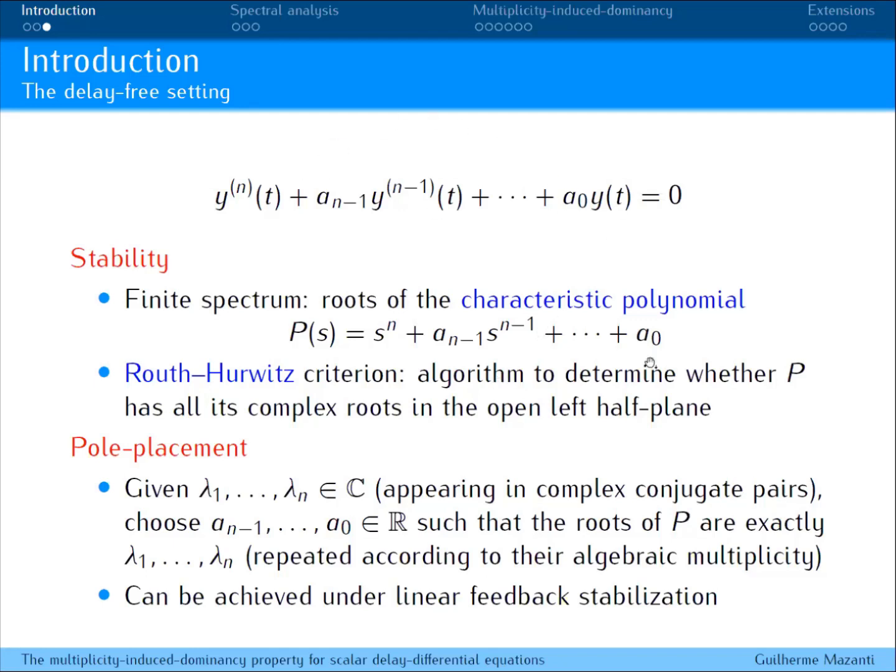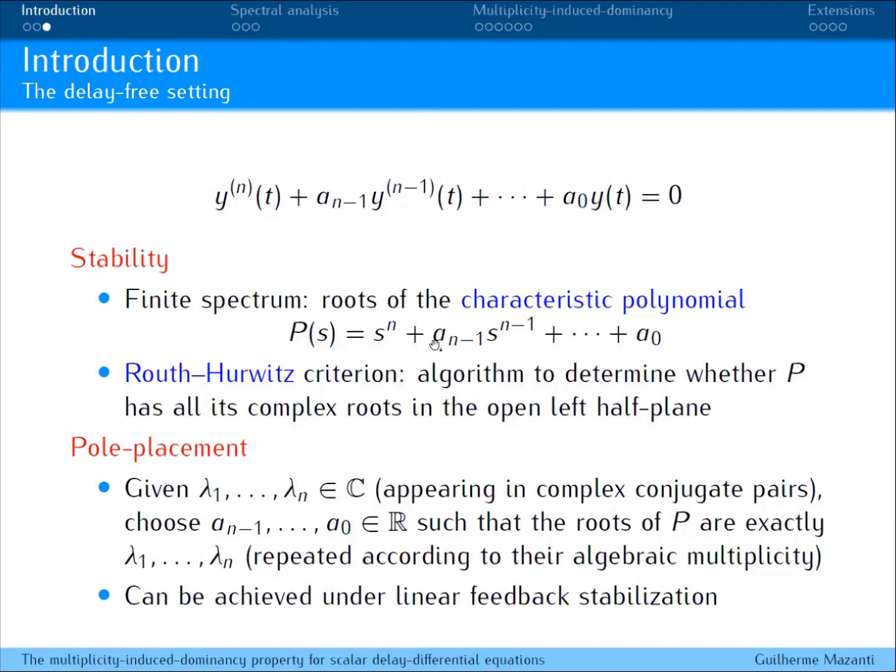So this algorithm is just taking as inputs the values of A0 until AN minus 1, is doing some computations, and in a finite number of steps, it's going to say, yes, the system is stable, or no, the system is not stable. So we do have this characterization of stability based only on the information of the coefficients.